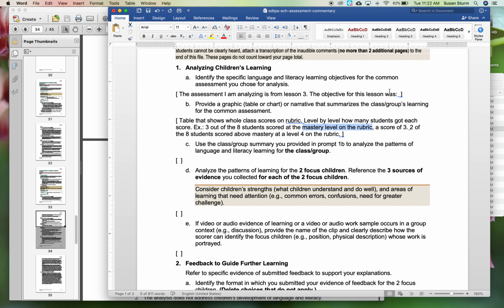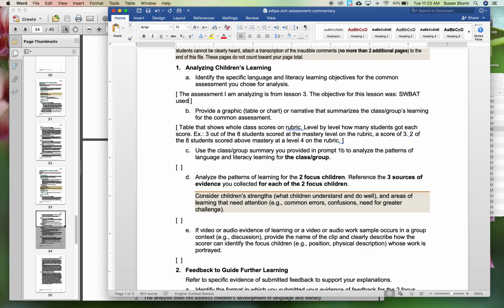So if you said that your objective of the lesson is students will be able to use descriptive language in their writing to earn 3 out of 4 on all categories of a scoring rubric, this analysis should match up with that. So the mastery level would be 3 out of 4, and that's how I wrote this one.